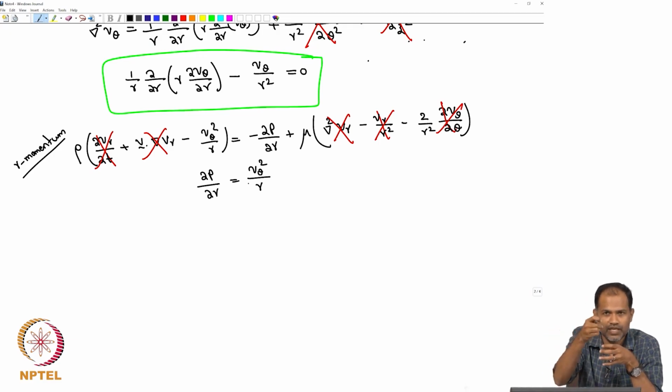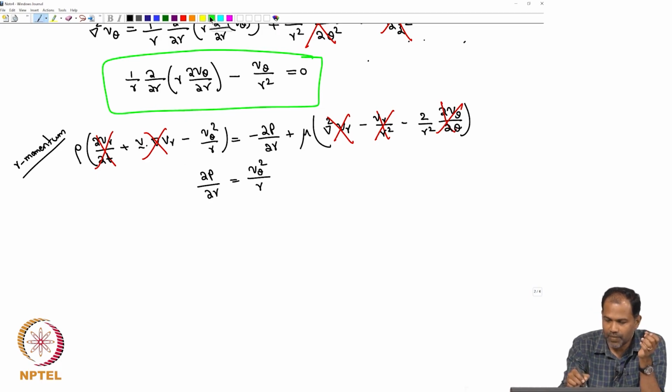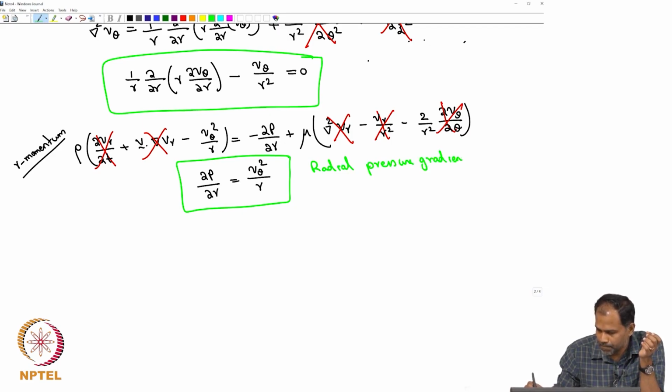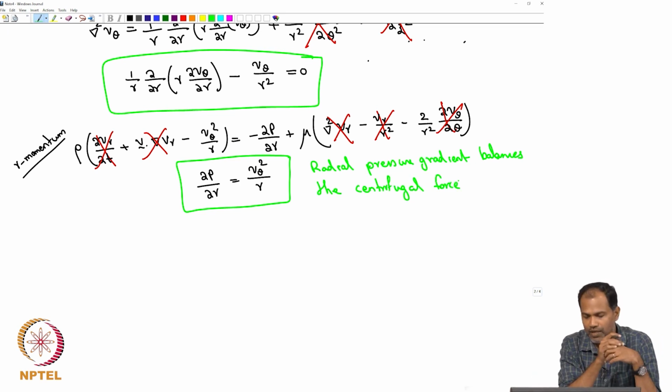Something rotating in the theta direction experiences a centrifugal force, and that force is exactly balanced by the pressure gradient. So the radial pressure gradient balances the centrifugal force. That is the information that you get from the r momentum equation.